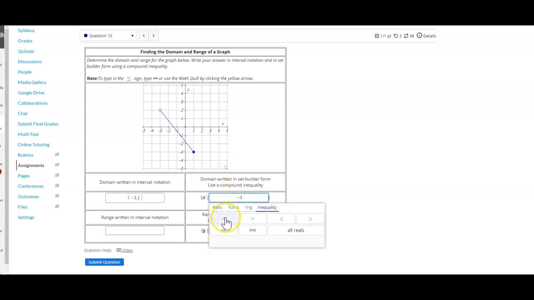-3 is less than x, which is less than or equal to 1. Now look at this statement. Forget about that -3 for just a second.